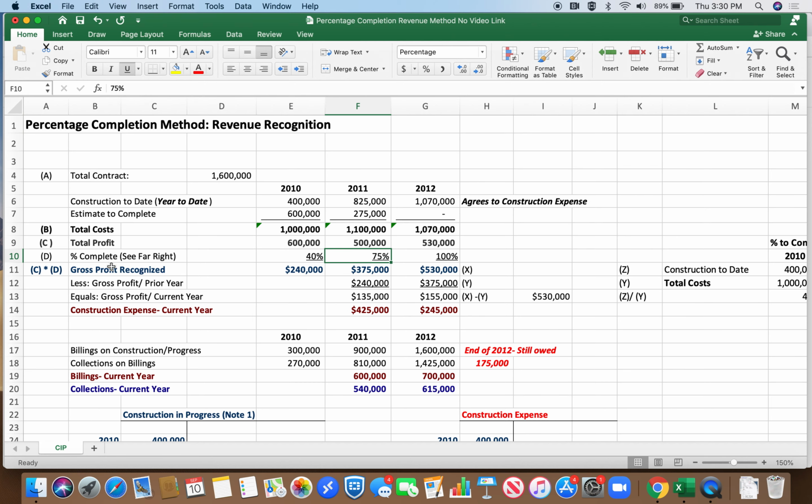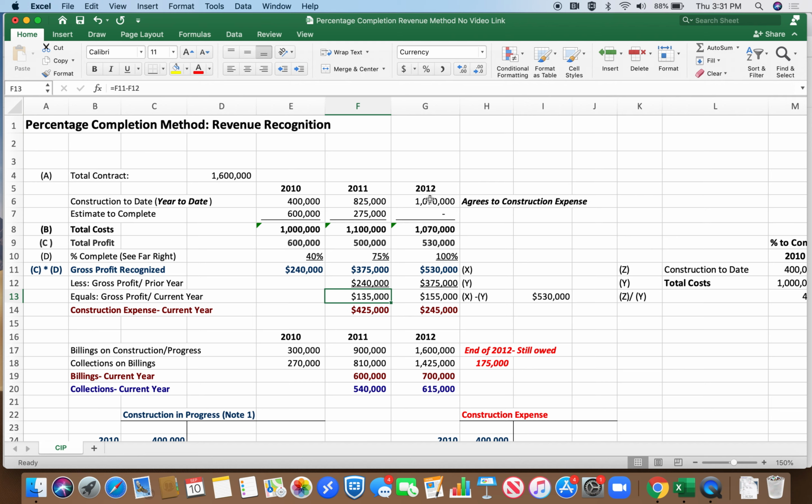The total completion for both years, and that's important, 2010 and 11, is 75%. So the total gross profit we should recognize is the total profit of 500,000 times 75%, or 375. We have to subtract, however, the gross profit we already recognized in the prior year, 240. So the gross profit in the current year is 135.